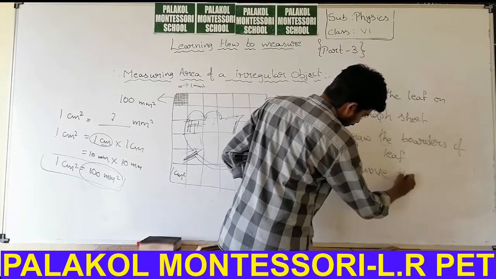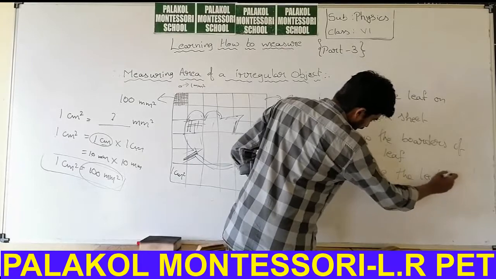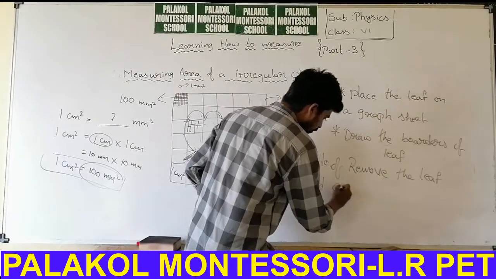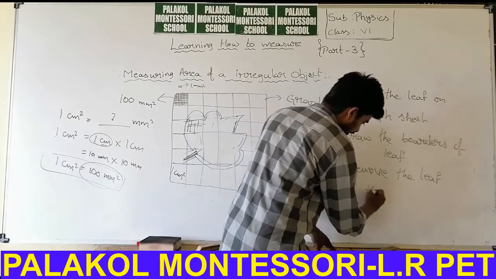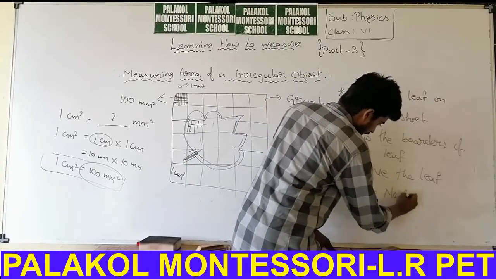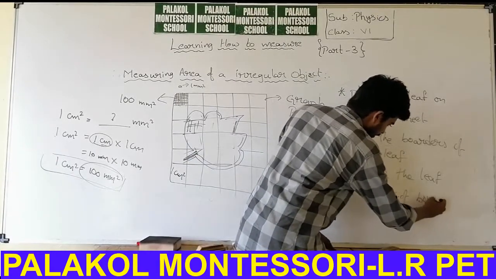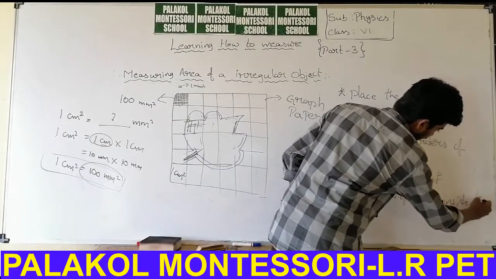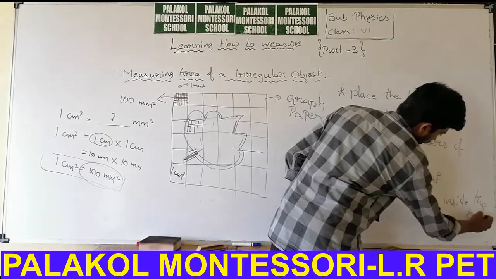Now remove the leaf and count the number of boxes inside the border.